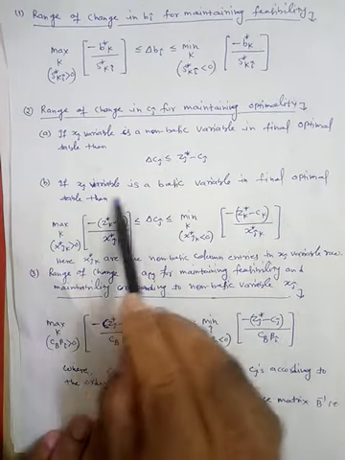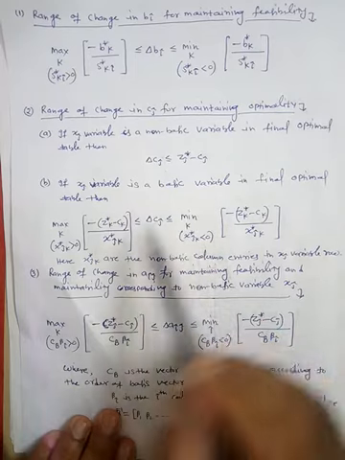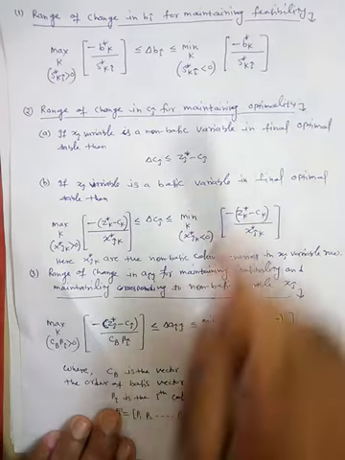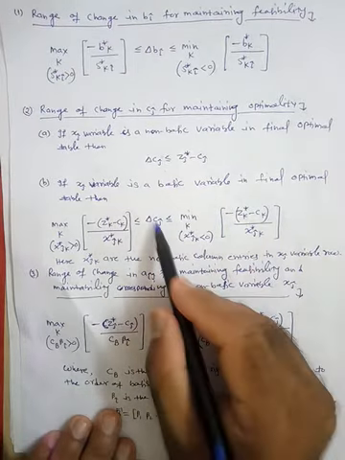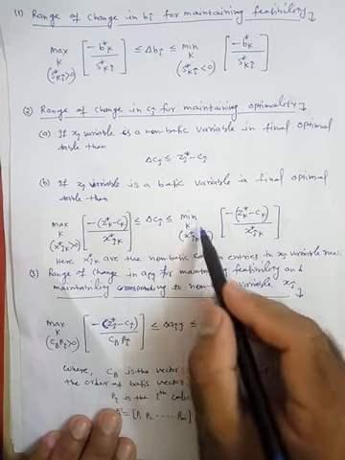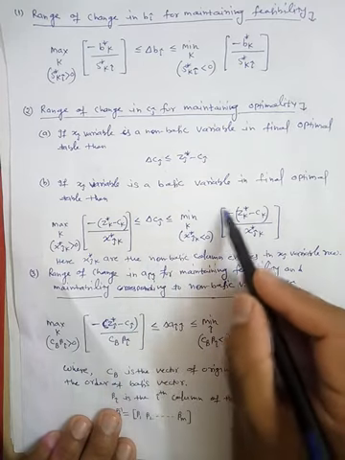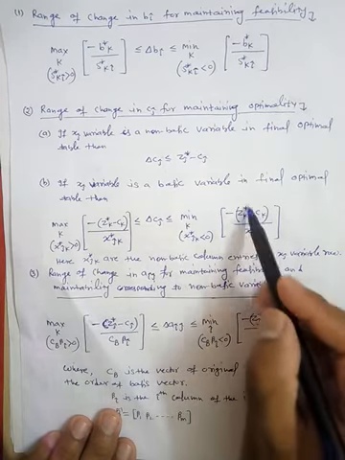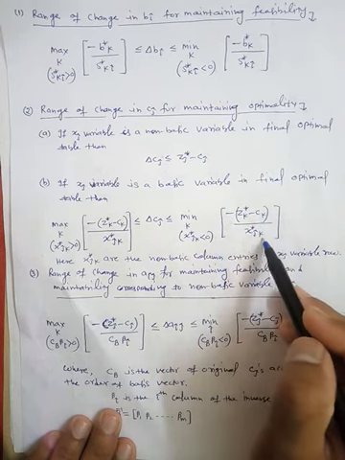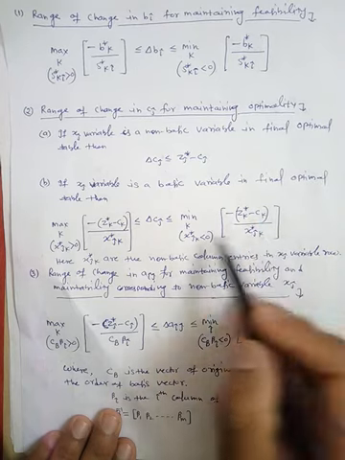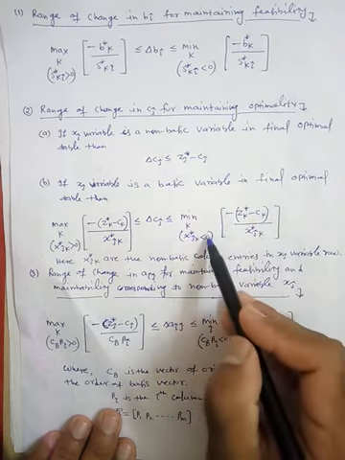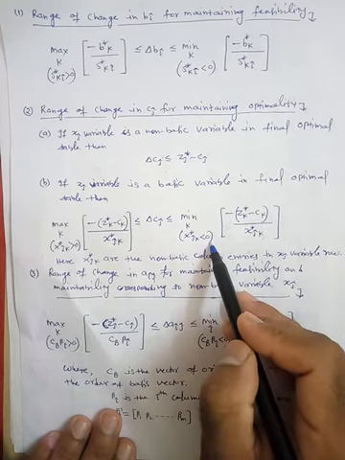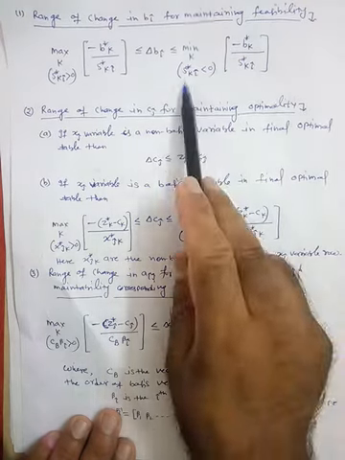But if xj is a basic variable, then again we have this kind of formula. Here delta Cj is less than or equal to the minimum over k of minus (Zk star minus Ck) divided by x star jk, where x star jk is negative.